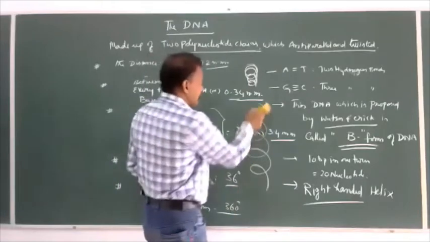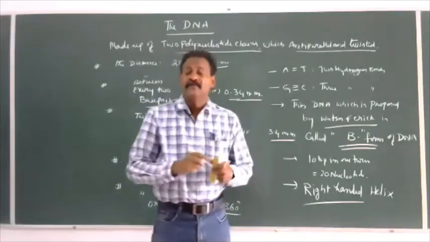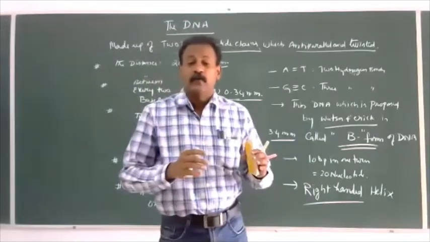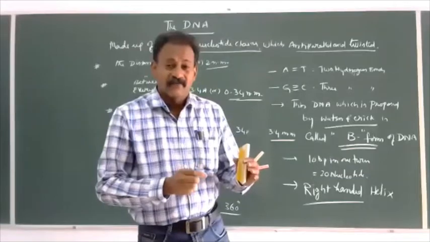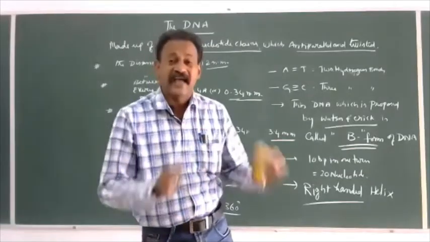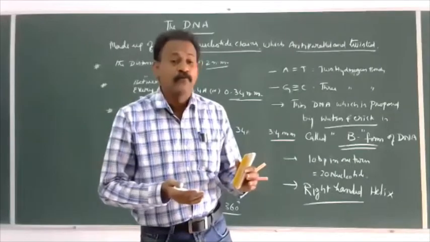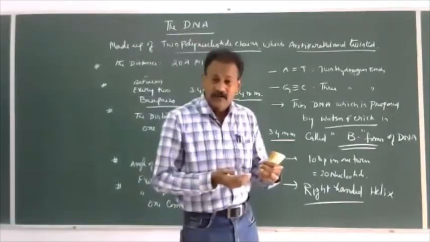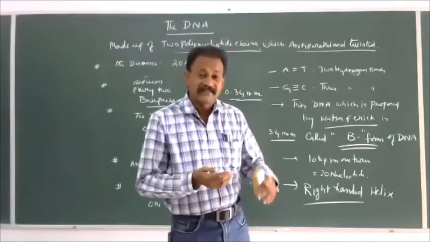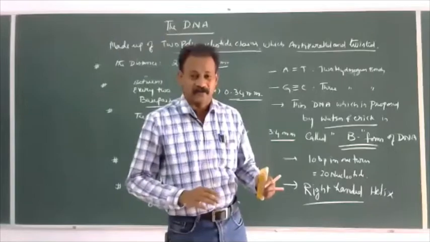To understand this right-handed helix, imagine you are going to wash a pot which has a little amount of water, and we have to fill this pot with fresh water. The already present water we have to wash out.